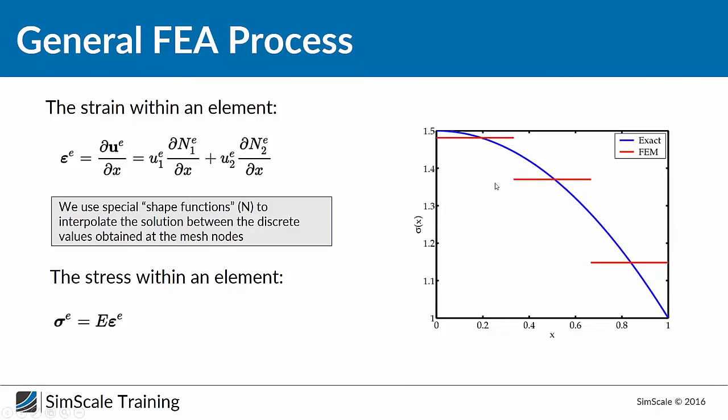And therefore, we are using so-called shape functions to interpolate the solution between the discrete values obtained at the mesh nodes. And this is, by the way, the difference between first and second order meshing, which we will talk about later. But basically what we're doing in the end is interpolating what is happening in between.